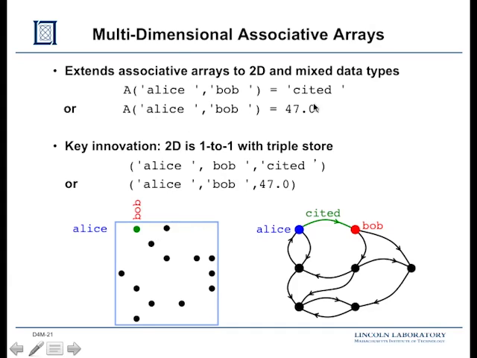You can view it as 2D matrices and reference rows and columns with strings and have values that are strings. It's one-to-one with a triple store, so you can easily connect to databases. Again, it looks like matrices, so you can do linear algebra, and also, because of the duality between adjacency matrices and graphs, you can also think about your data as graphs.